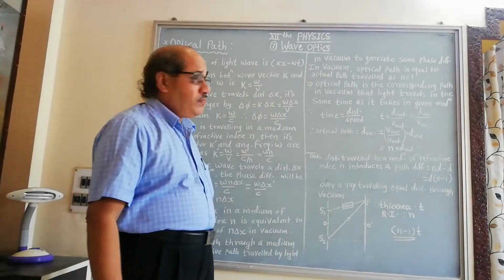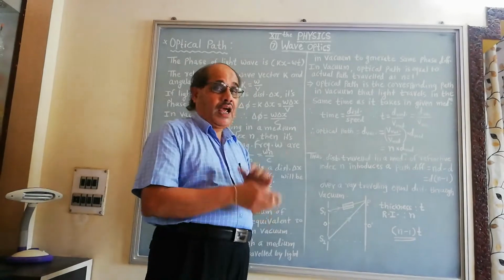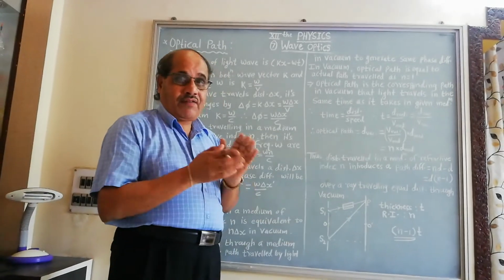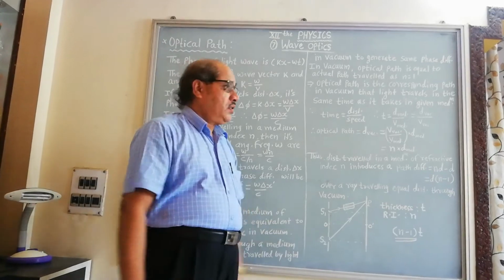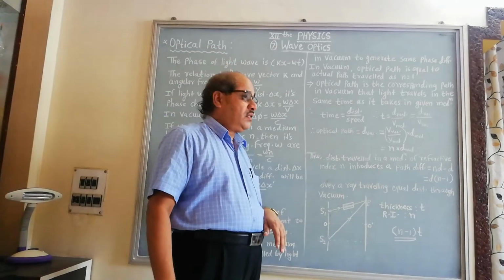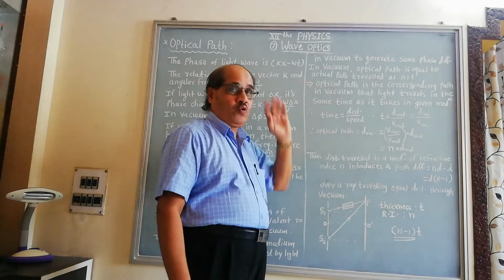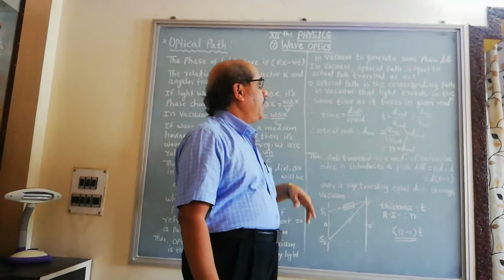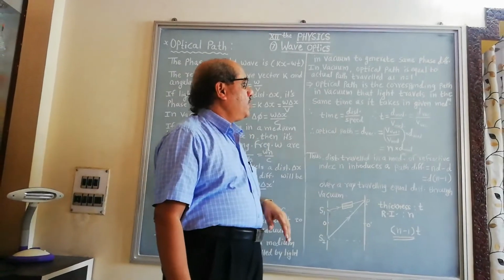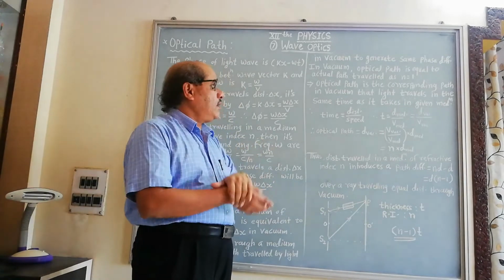In vacuum, the optical path is equal to the actual path traveled by the wave, because the refractive index in vacuum is equal to 1, that is n is equal to 1.